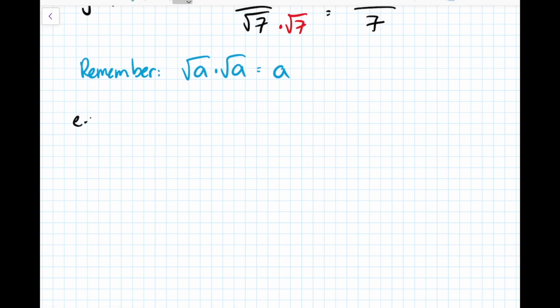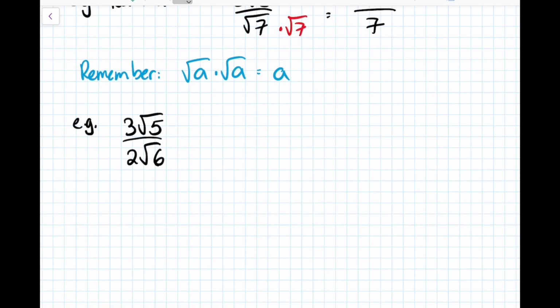But what if there's a coefficient down there too? So let's say we had 3 root 5 over 2 root 6. Remember, our goal is just to cancel out the root. We could multiply everything by 2 root 6, and that will work, but it's going to get us bigger things than we need to. If we're just trying to cancel out the root 6, all we actually need to do is still just multiply by root 6.